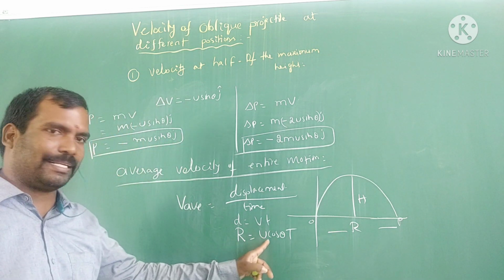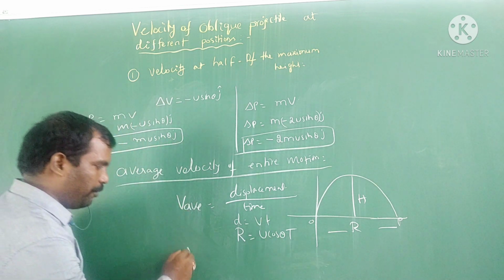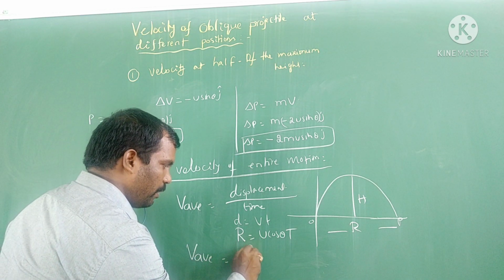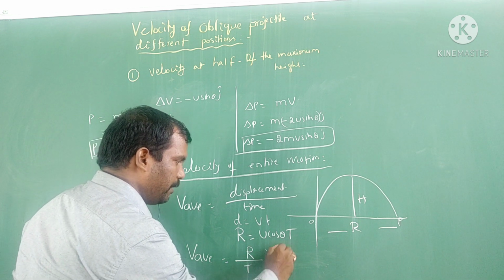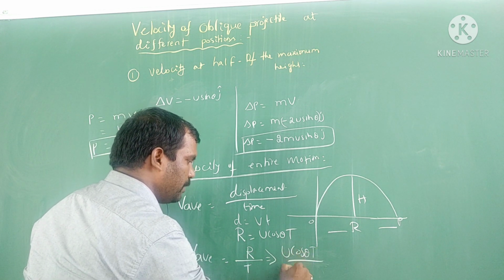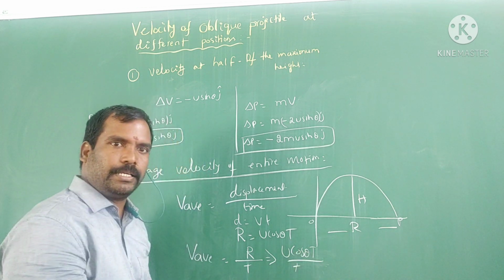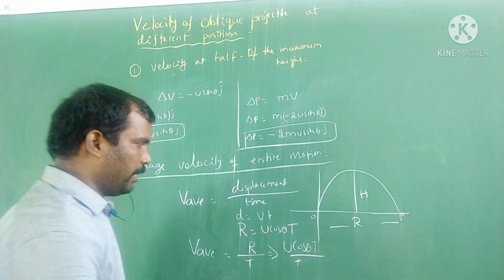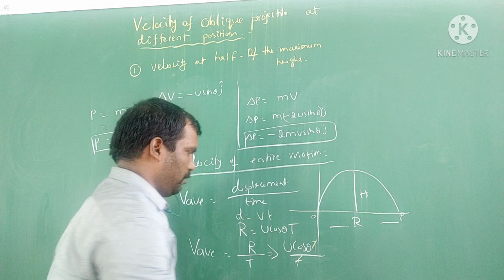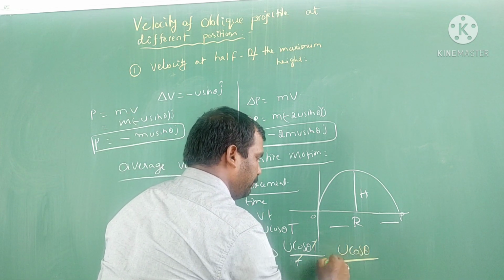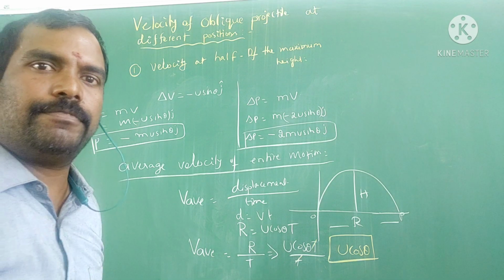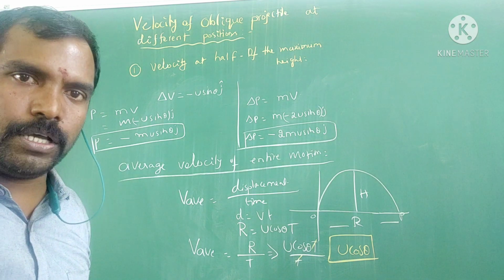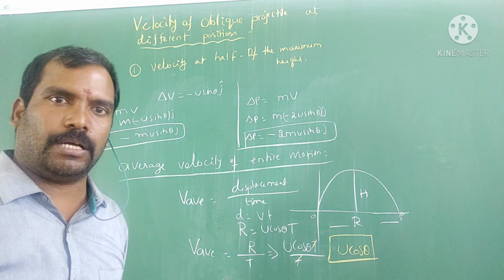Therefore, V average is equal to range upon time, which I write as u cos theta into T by T. Here T and T get cancelled. The average velocity of the entire motion is u cos theta.